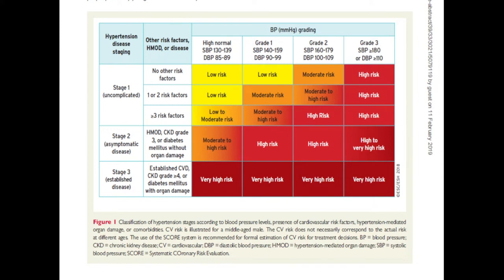In grade 2 of arterial hypertension, if no risk factors, moderate risk. If 1 or 2 risk factors, moderate or high risk occurs. And in grade 2, if we reveal more than 3 risk factors, high risk occurs.